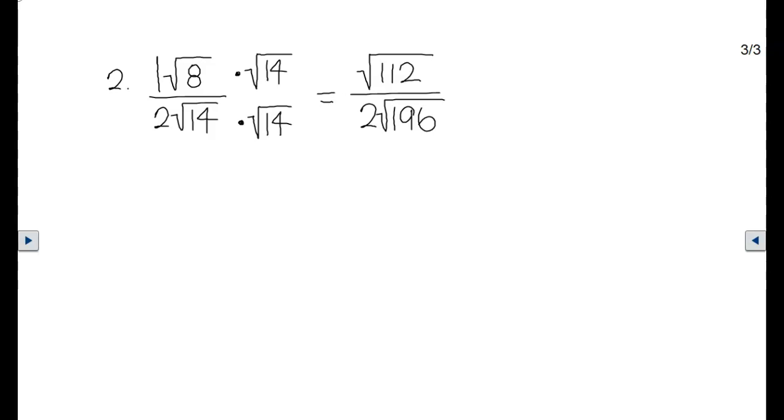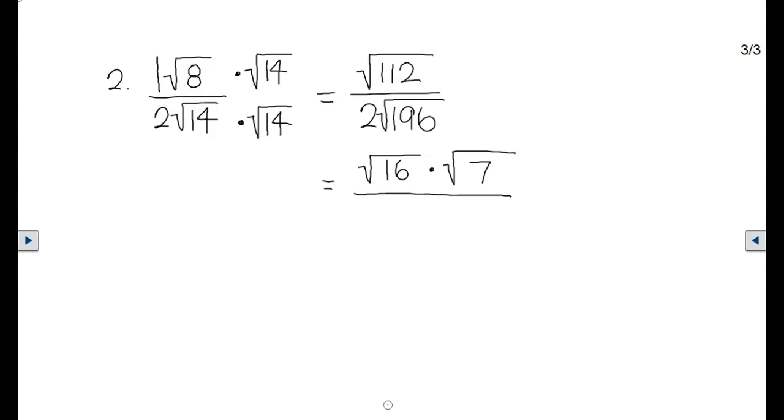All right, time to simplify each square root. So on the top, we're going to need two numbers that multiply to give 112. You want one of those to be in your perfect squares list. So if you start dividing 112 by those numbers, you'll find out that 16 will work. 16 times 7 is 112.